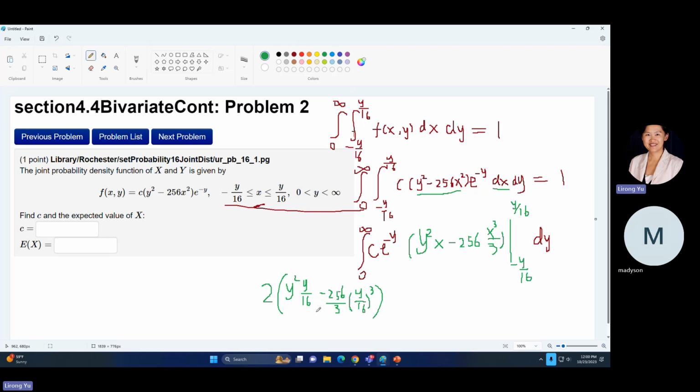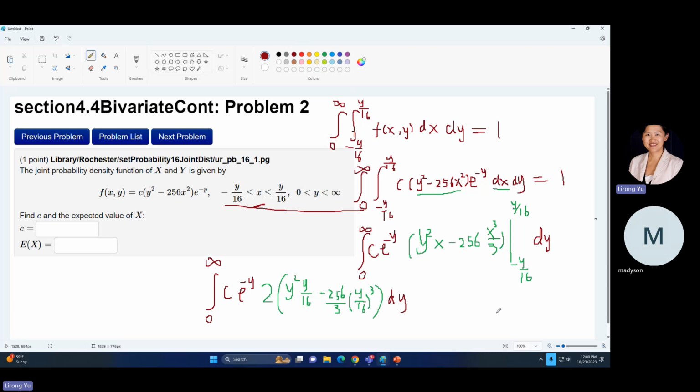Let's finish the inner integral, and then we're going to integrate dy. So on the outside, we still have dy, and then we still have c e to the negative y, integrating from 0 to infinity. Any question?